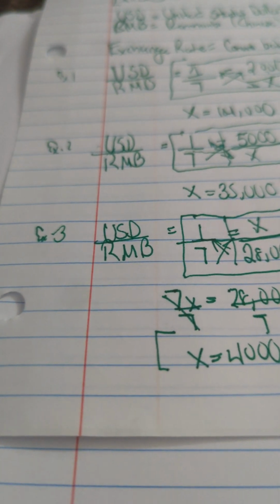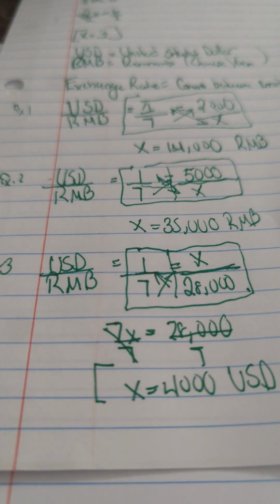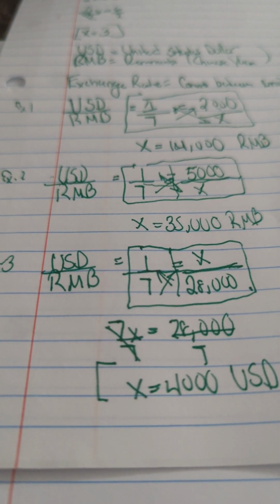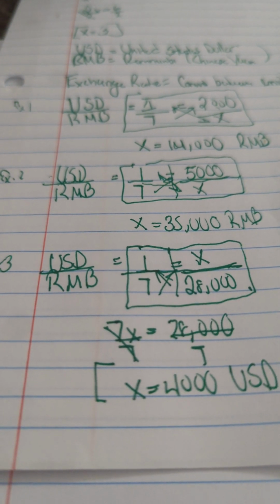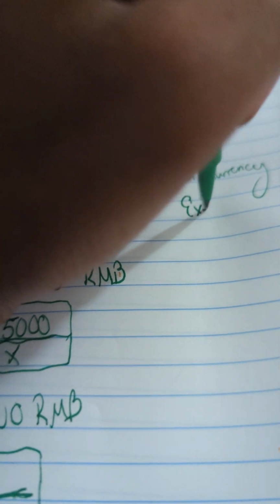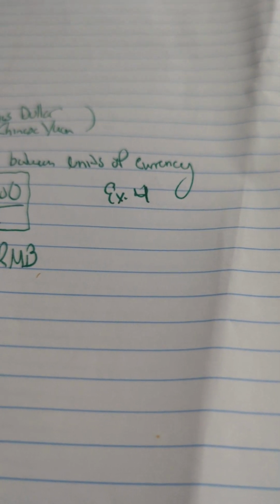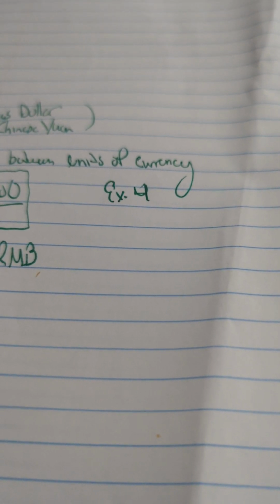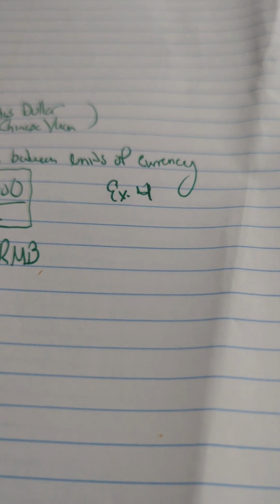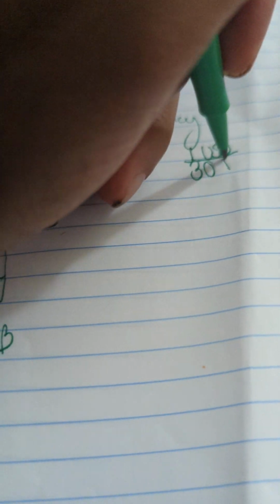Now, let's use another example. Let's say we go to Taiwan, right? 1 US dollar is about 30 Taiwanese dollar, right?